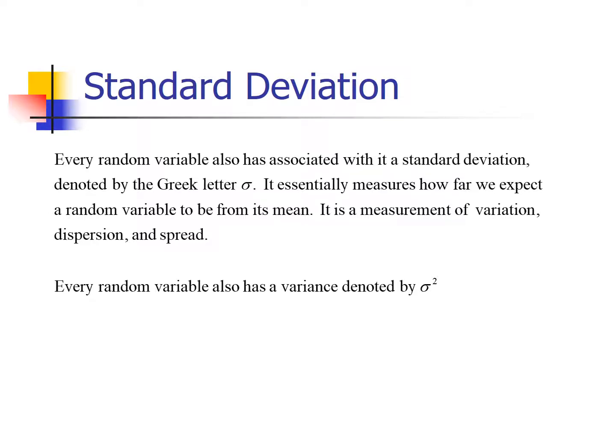And the larger it is, the farther we expect the variable to be from the mean, which means the more variation, the more spread, the more dispersion there is. Now, we could also square the standard deviation and get something called the variance. So every random variable also has a variance.